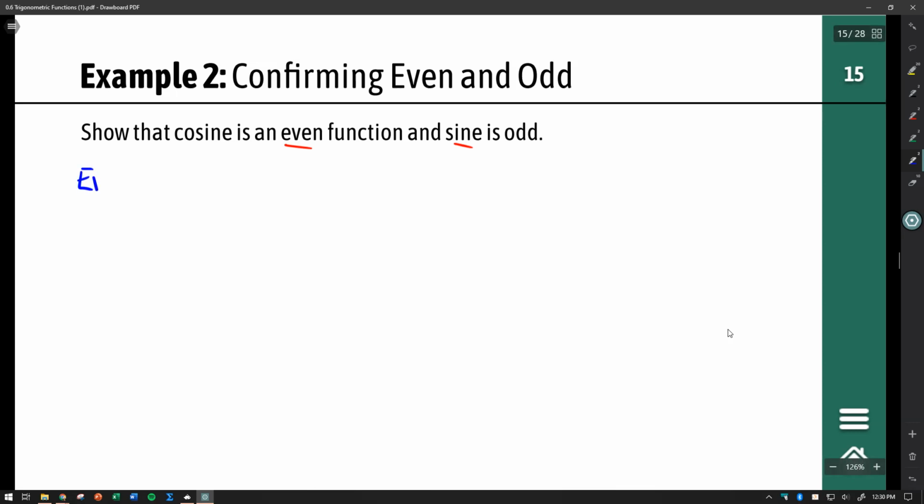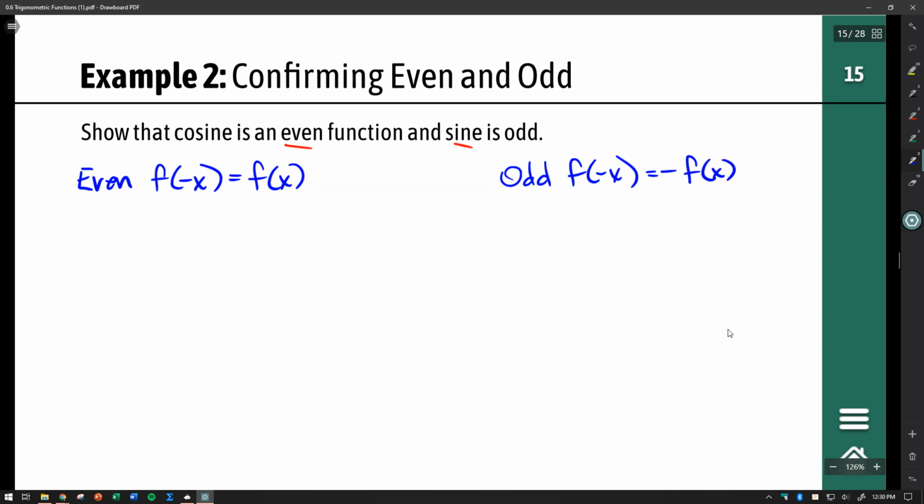For an even function, if you plug negative x into the function, the output is just the original f of x. For an odd function, if we plug in negative x, the output becomes the opposite, negative f of x.